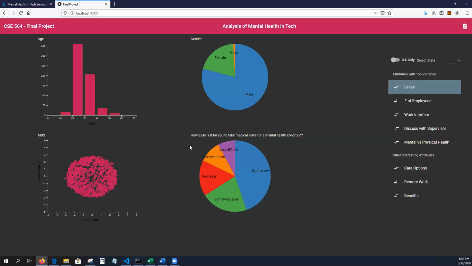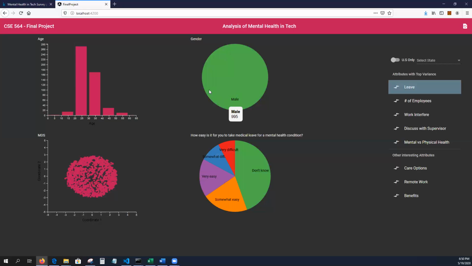And when you're already not in a very good state, and you have to go and work and you don't get to take a leave, it just piles up in your head and things become more difficult. So when you look at males, it ranges from somewhat easy to very easy to very difficult for a general male to take leave for a particular condition.